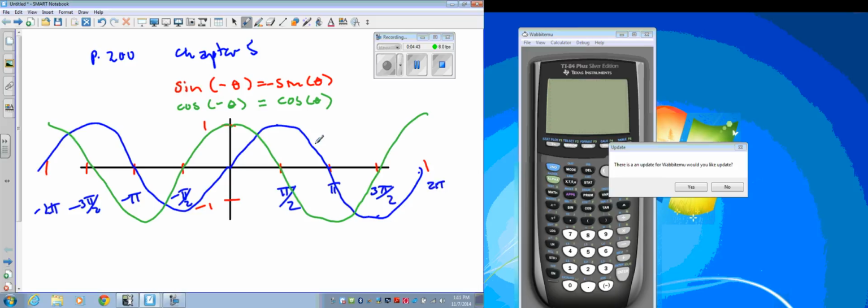Now the tangent. Remember that the tangent, and I'll lay it out on the same graph, comes down and goes through this way, right? So if you do the tangent of a negative angle, what is it going to be?